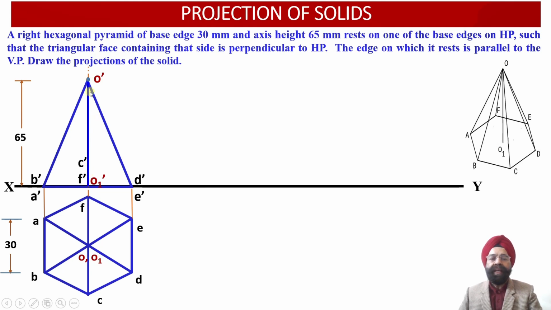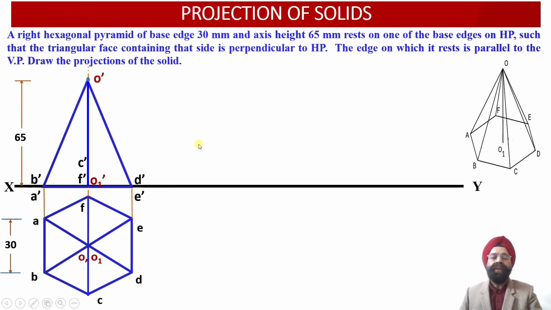Similarly over here we have OE, which is to be represented as a hidden line in the front view projection as O dash E dash, whereas the O dash E dash slant edge will be overlapped by the edge OD over here. So the O dash D dash object line projection is going to supersede or overlap the dotted line or hidden line projection corresponding to the edge OE, that is O dash E dash over here.